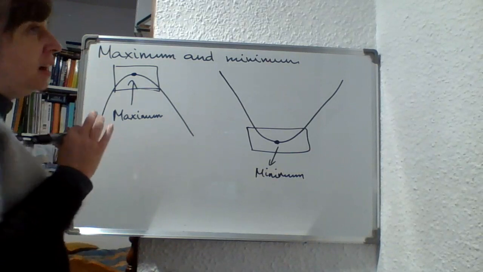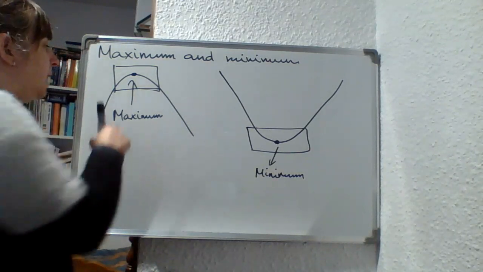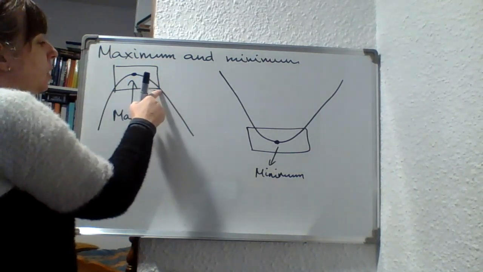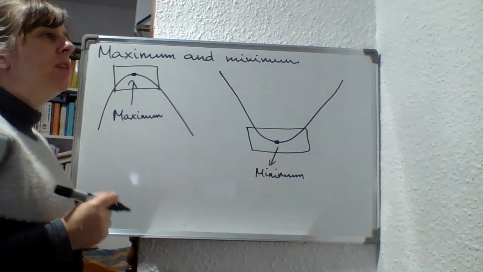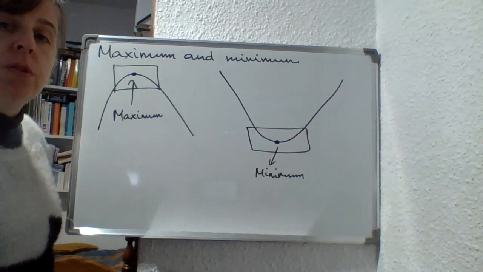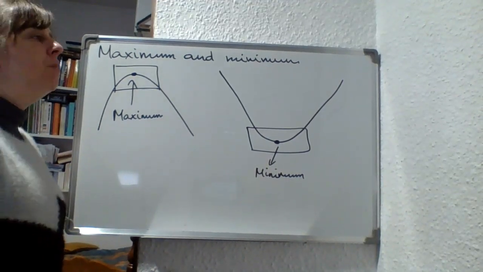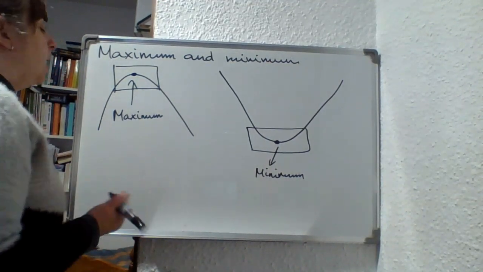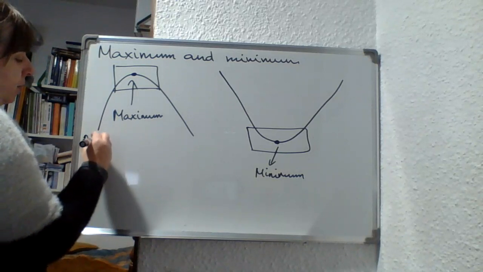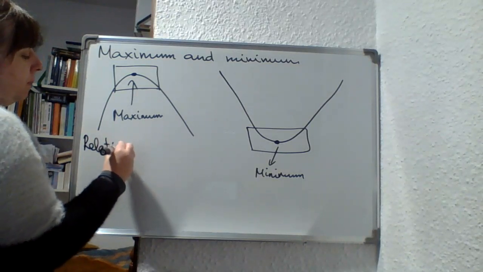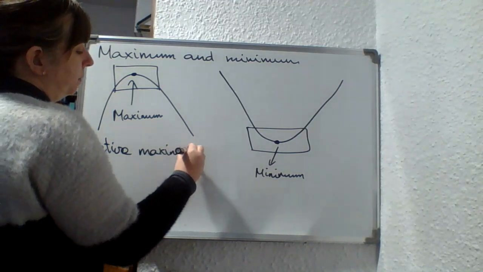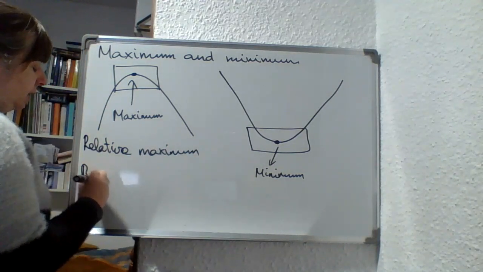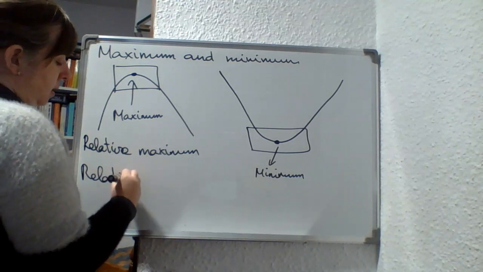So, in fact, I'm just speaking about points that are close to the maximum or the minimum. This is the reason why I can have in a function more than one maximum and more than one minimum. In fact, we speak about the relative maximum and the relative minimum.